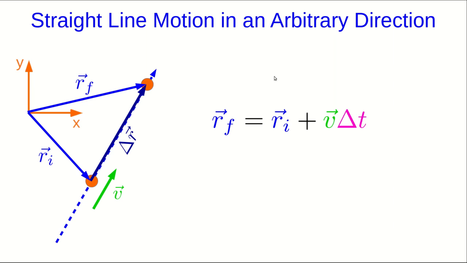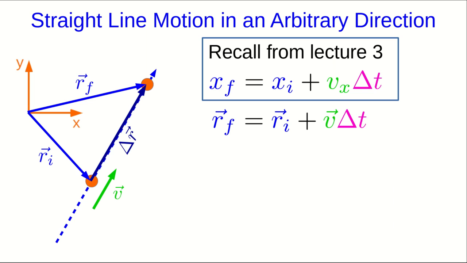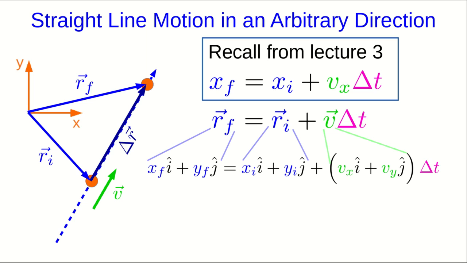The one remaining thing is that it would be nice to be able to write this in some other forms. Think back to lecture 3, where we saw this equation for motion at constant velocity along the x-axis. Now, it looks an awful lot like the equation that we just got, and there's a good reason for that. Let's expand all of these vectors out into their components. And now let's collect terms.